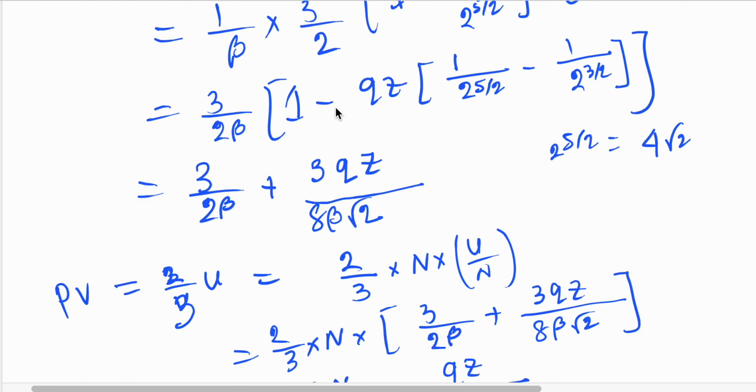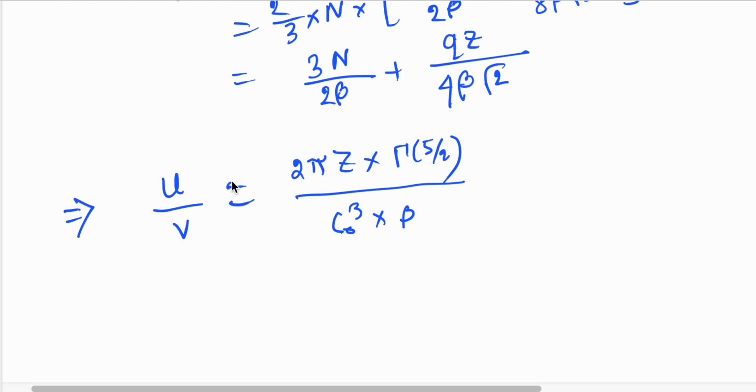We only kept up to this order, so we want to invert this relation and get z in terms of u by v.